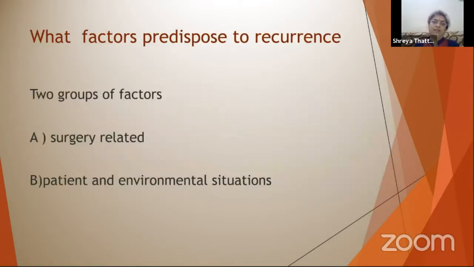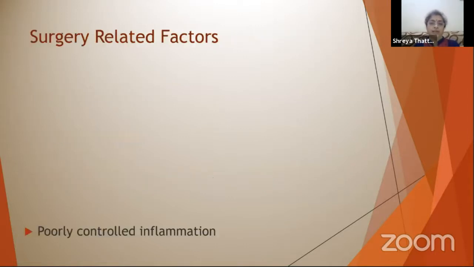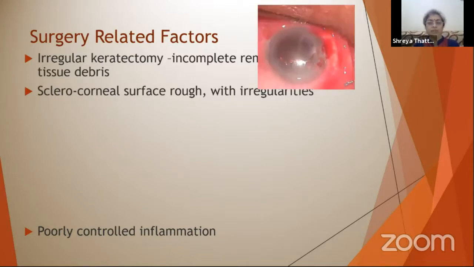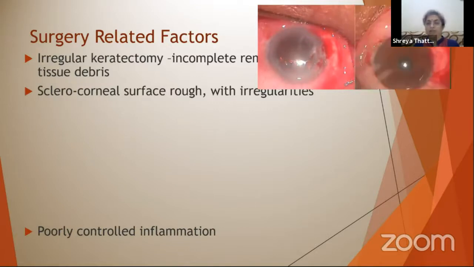There are certain factors that predispose to recurrence, and they can be surgically related. These surgically related factors include irregular keratectomy and incomplete removal of the fibrotic tissue, as seen here, which attracts inflammation and in turn causes the recurrence.